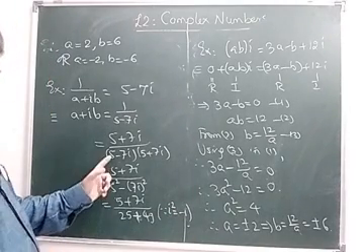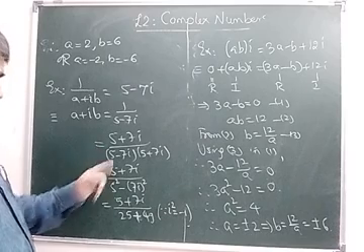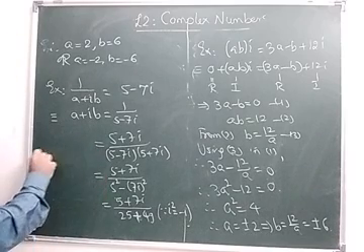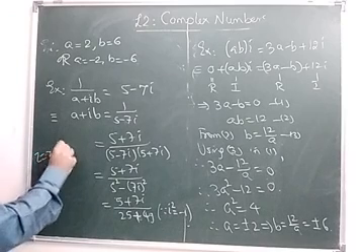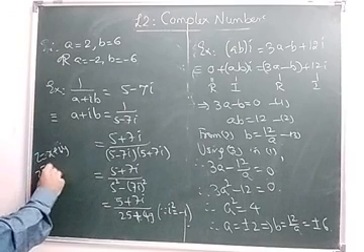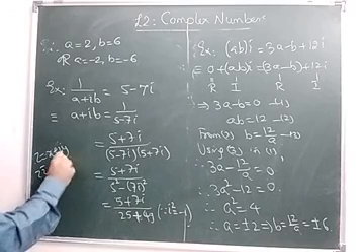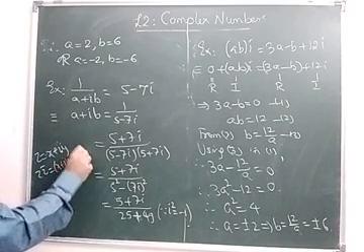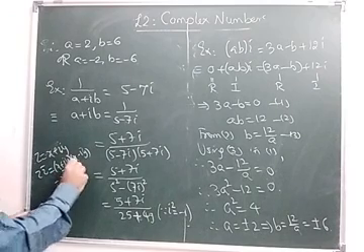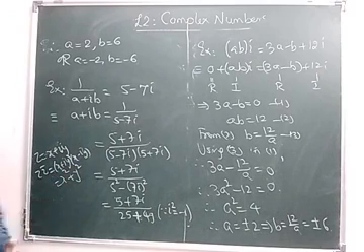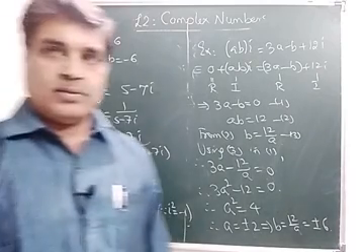Or you can use the formula for z is equal to a plus ib complex number, or x plus iy. z into z bar, x plus iy into x minus iy, is always equal to x square plus y square. Till now I have not talked about what is meant by modulus.